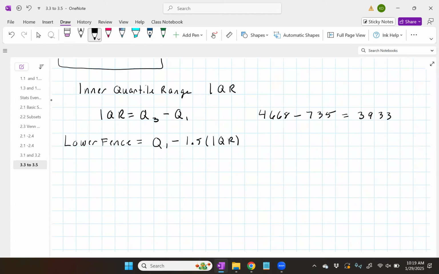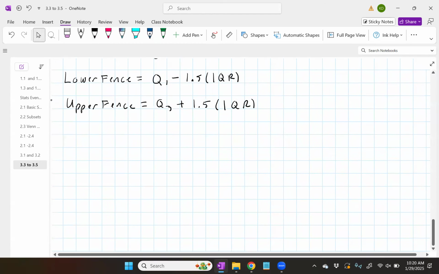Our upper fence: Q3 plus 1.5 times our IQR. And again, anything higher than this value is a high outlier. So we want to be in between these to be safe.